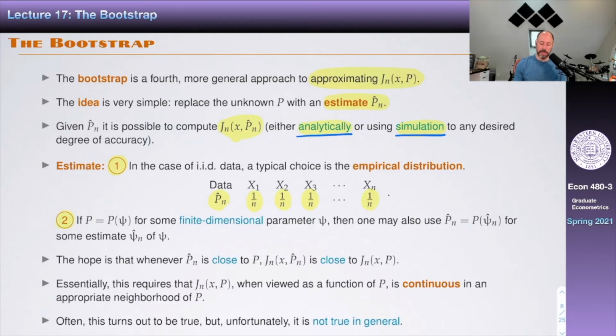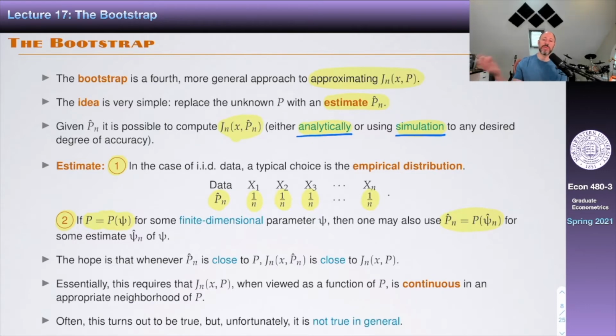However, if you're working with a parametric model, let's say that you're using maximum likelihood, or a probit, a logit, or something like that, then you can do parametric bootstrap. In that case, P is just P of some finite dimensional parameter psi, whatever the parametric model is. And so what you can do is estimate psi with some consistent estimator psi hat n. And so now you know the distribution P hat n.